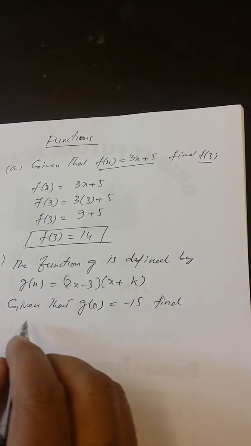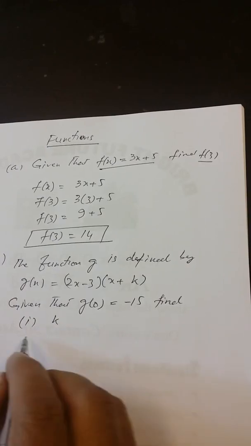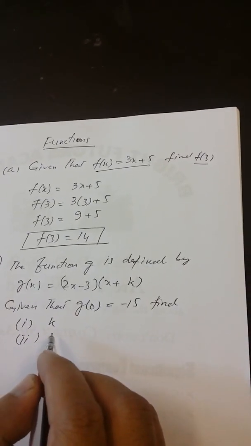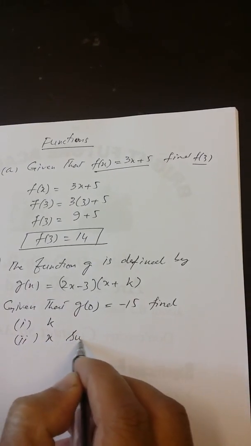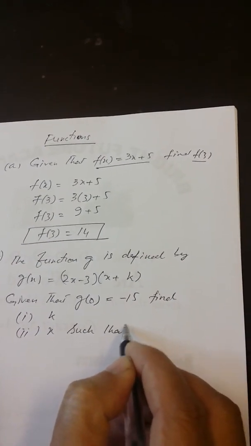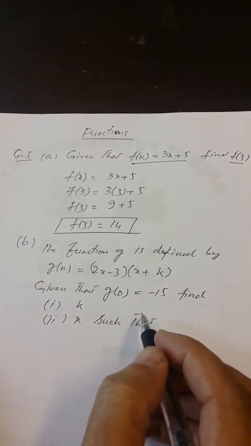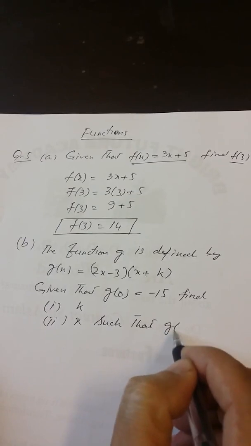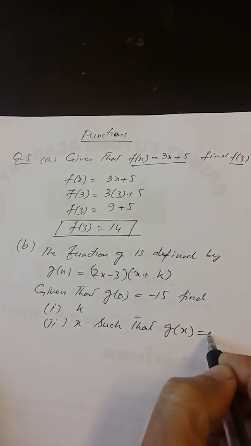Find subpart 1, the value of k, subpart 2, x, such that g of x is equal to 0.